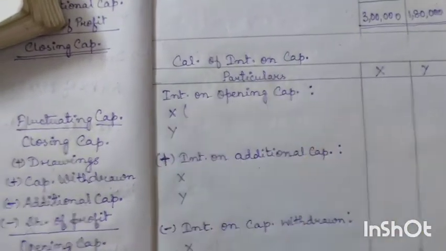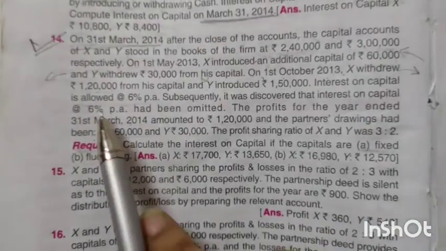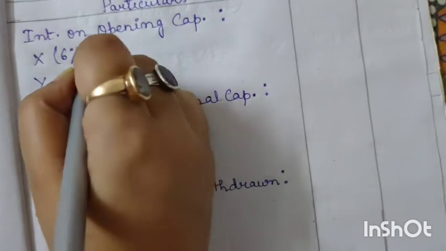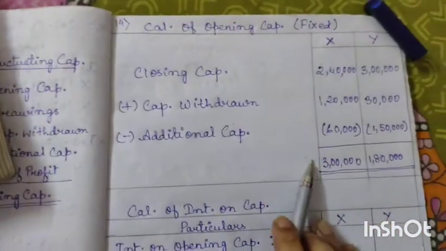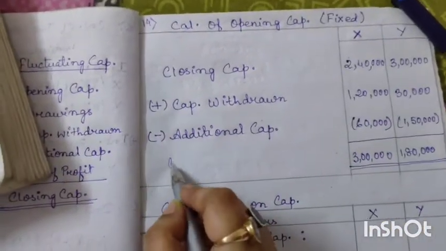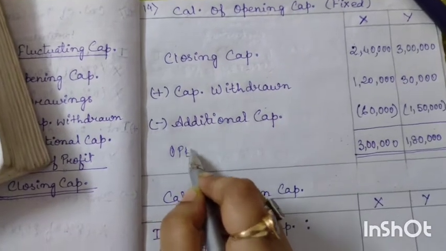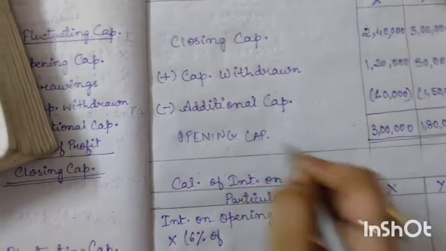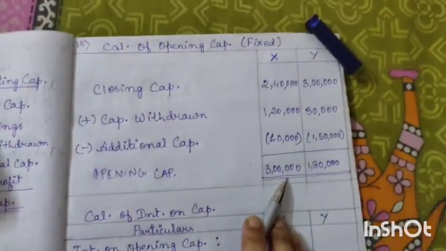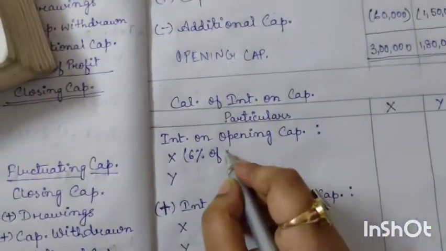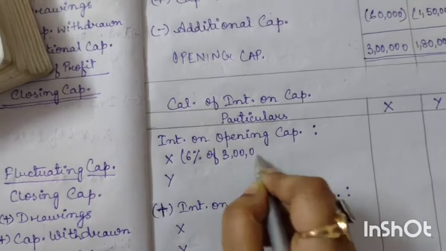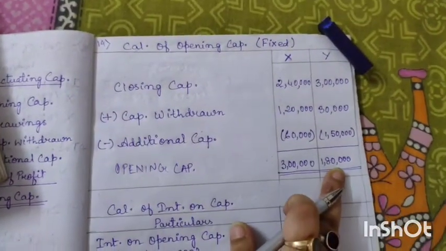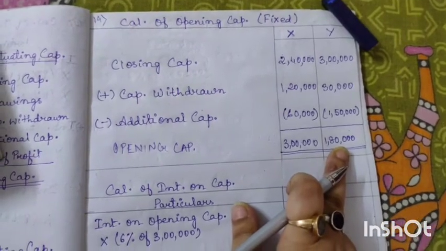So for X, as we know the rate is 6%. 6% of, now what is the opening capital here? As you can see, we have calculated the opening capital. 3 lakhs is the opening capital for X. So 6% of 3 lakh. And in case of Y, how much is the opening capital? 1,80,000.